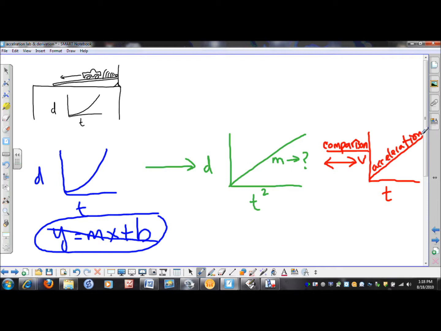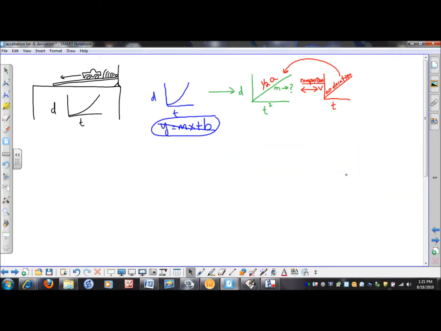But on a DT squared graph, what is that? Okay. So what we discovered from this is there's a relationship between a VT and a DT squared graph. And that relationship is, if VT is acceleration, then this must be 1/2 the acceleration. Okay, so now we know, and we know.